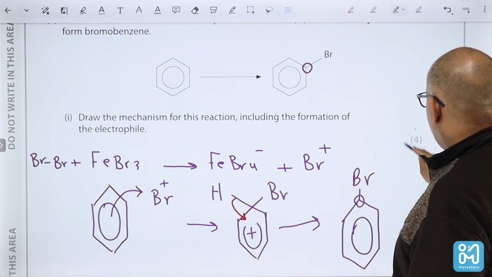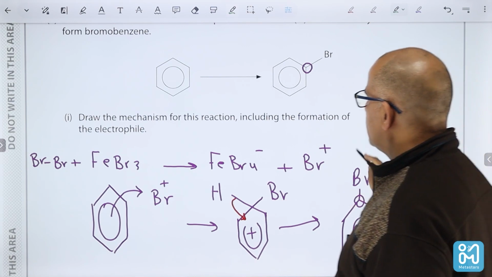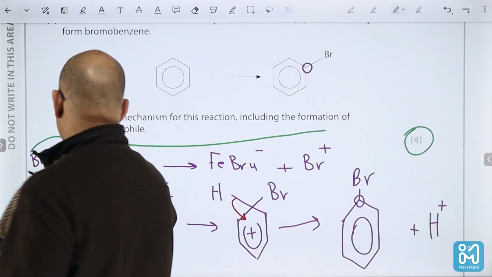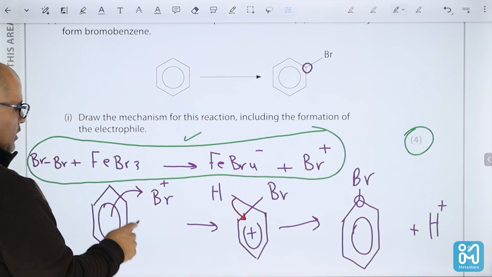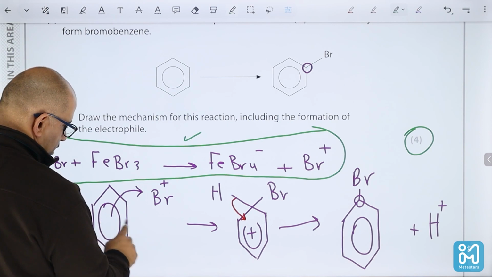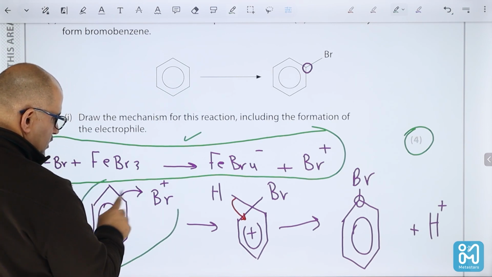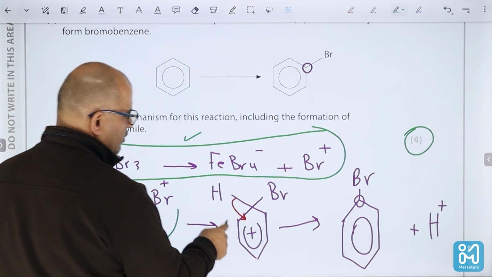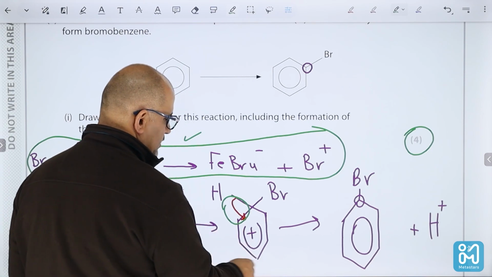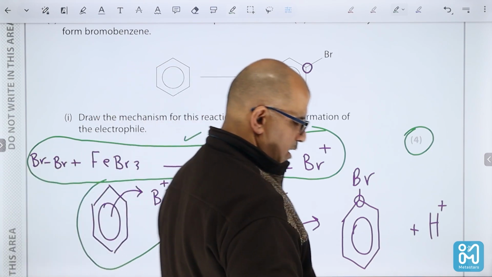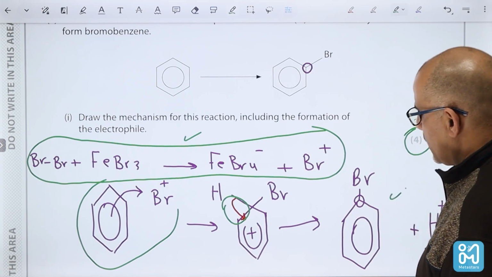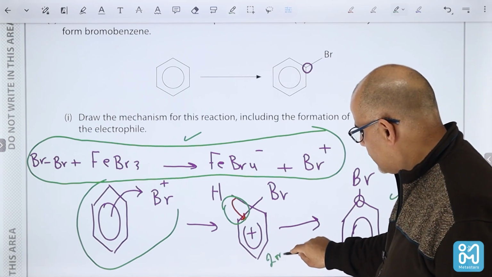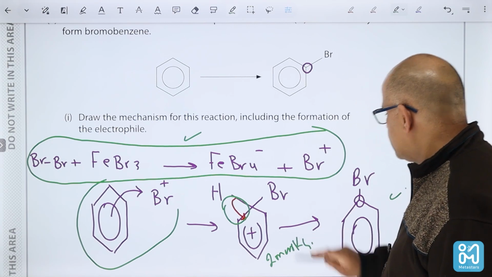Look, 4 marks. 1 mark for this, 1 mark for the arrow that comes to draw this. Then 1 mark for the shape of the intermediate and the products. Here you have 2 marks for this.